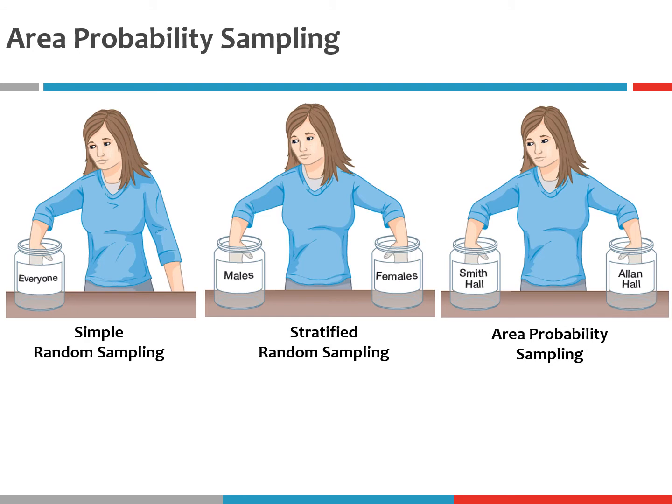Suppose in order to get the most representative sample from your population of all of Mercer students, maybe you look for freshmen, sophomores, juniors, and seniors, and you also look for some students from each of the dorms on campus, right? So you want people from both Smith Hall and Allen Hall and all of the dorms on campus, right?